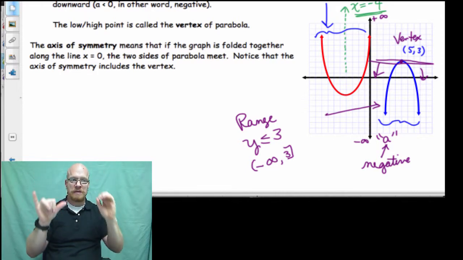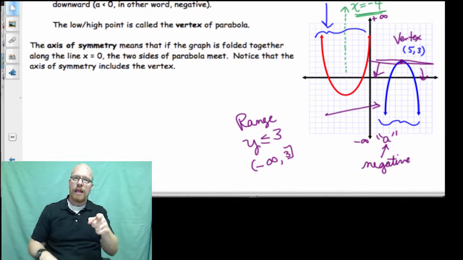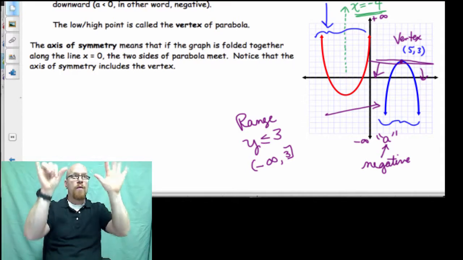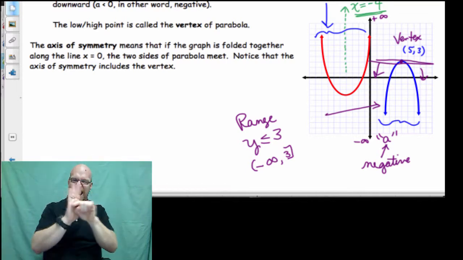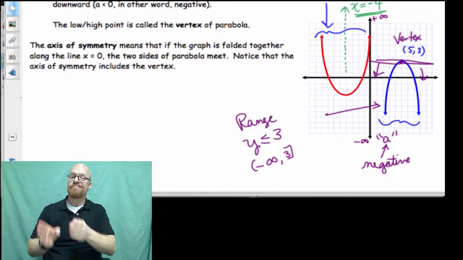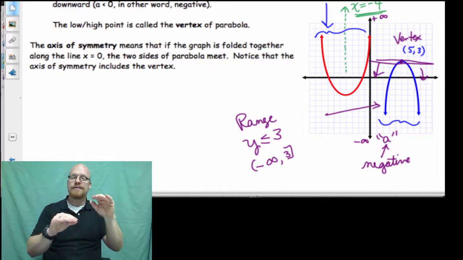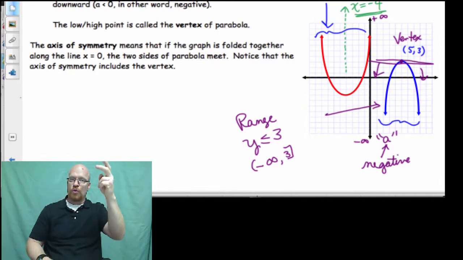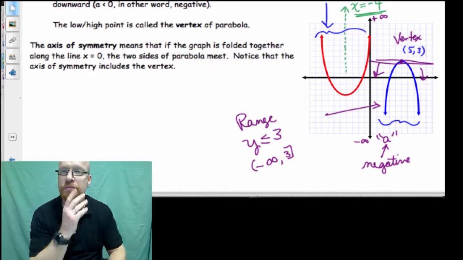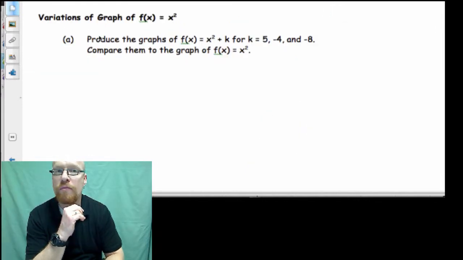Y equals 3, 2, 1, 0, all the negative numbers and everything in between. Now y equals 4, y equals 5, those aren't involved in that parabola. Those aren't possible answers for that quadratic function. And now we'll look at the next set of transformations.